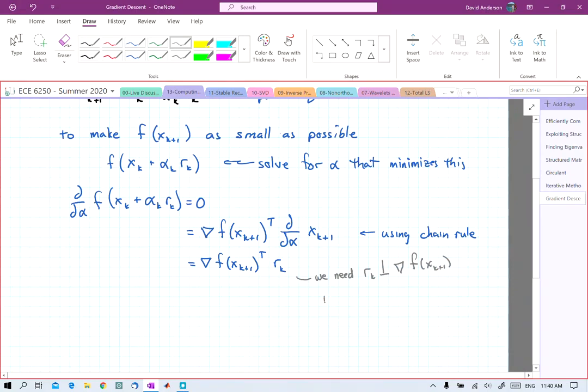And therefore, rk plus 1 is perpendicular to rk.